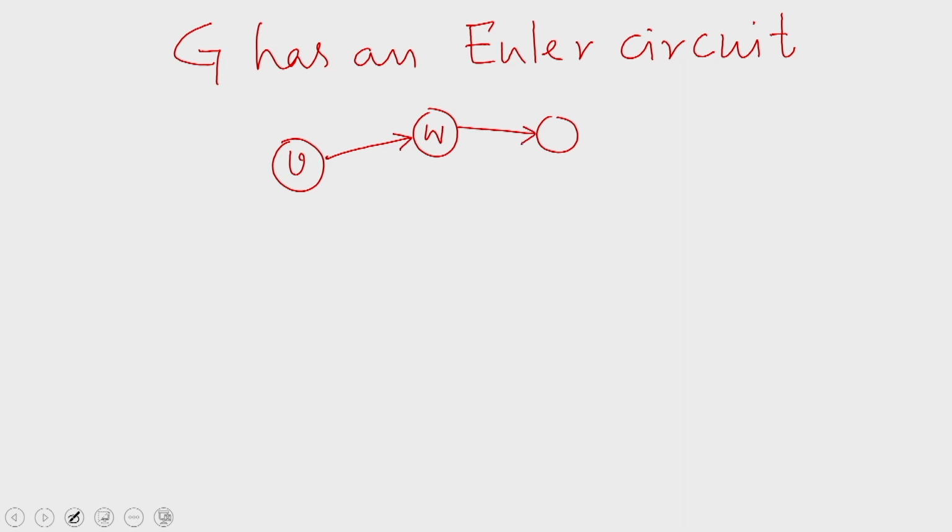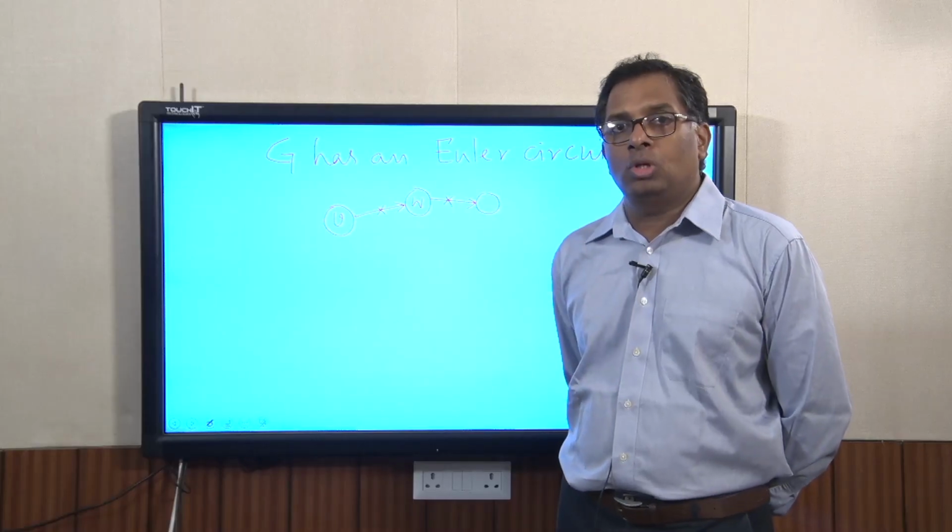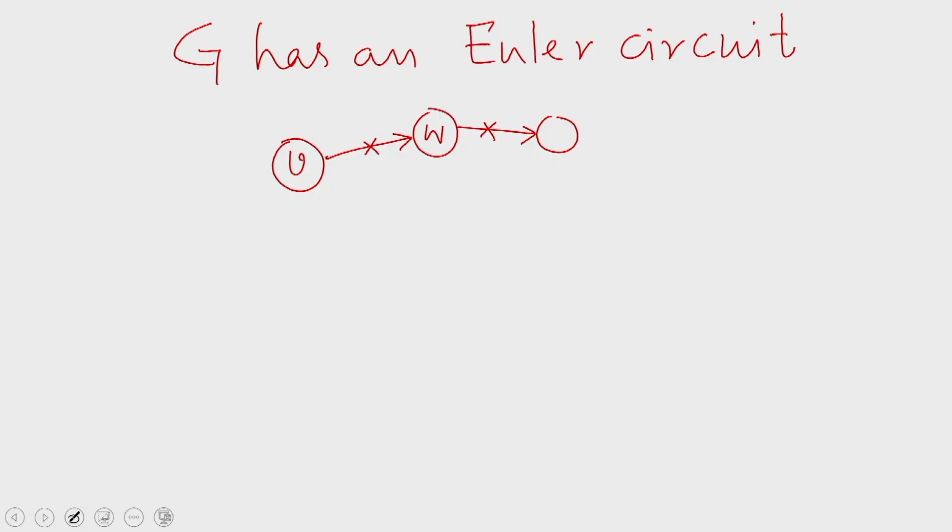Let us say we cross out every edge that we traverse. So, when we pass through W, we cross over two edges of W. So, W is now two edges less. Let us say we continue doing this for every vertex that we encounter. So, every vertex that we pass through will lose two edges.